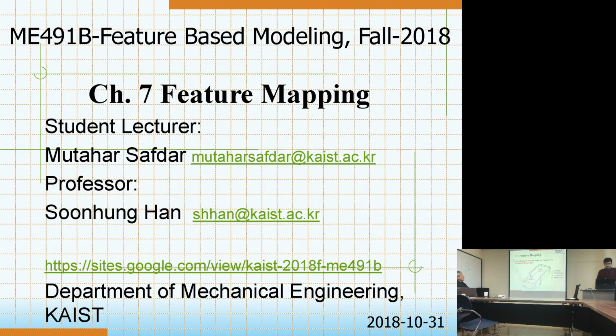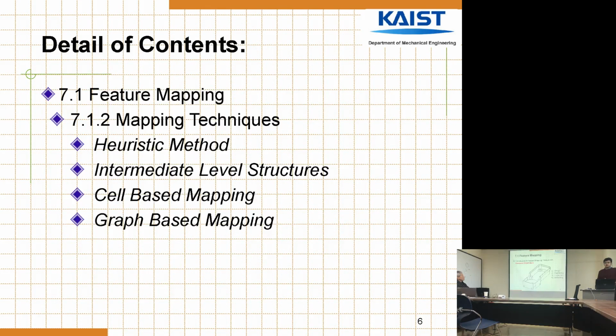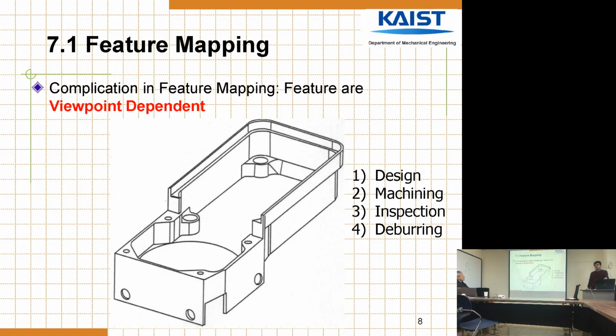This is the actual complication: when we are viewing the same part from different points of view, we need to take care of this fact during the mapping, like I will discuss later on.